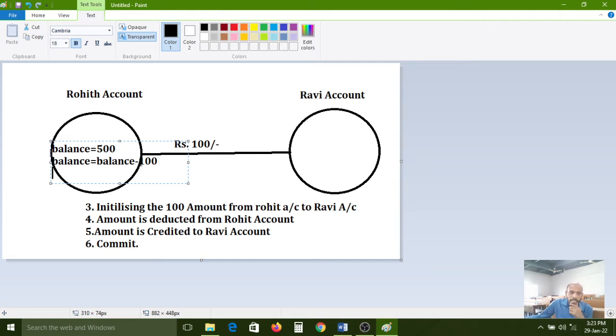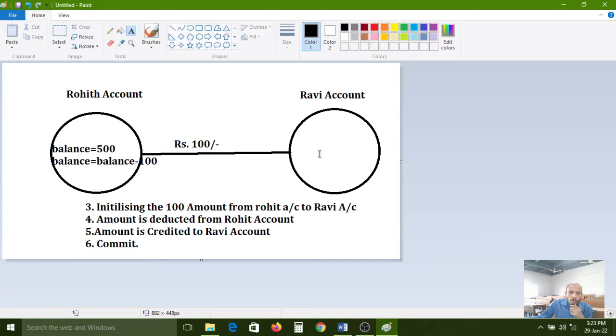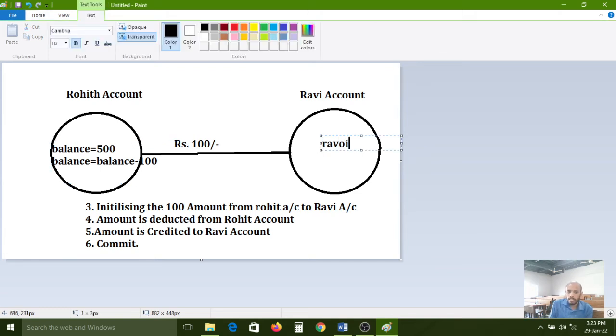After crediting this amount to Ravi account, now I want to transfer this 100 rupees. Ravi account has balance equal to 300. After transferring 100 rupees from Rohit account to Ravi account, balance equals old balance plus 100.